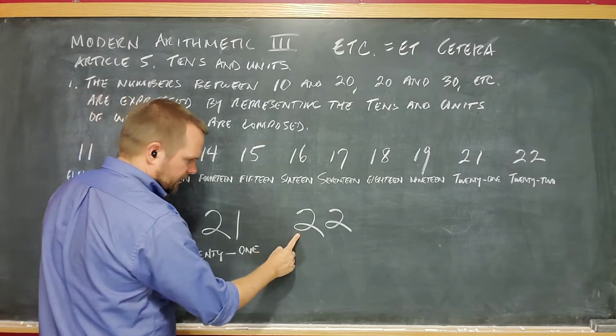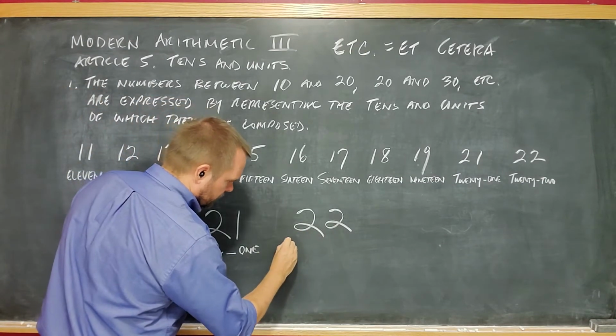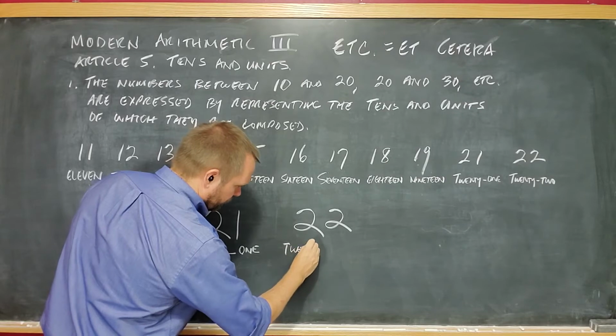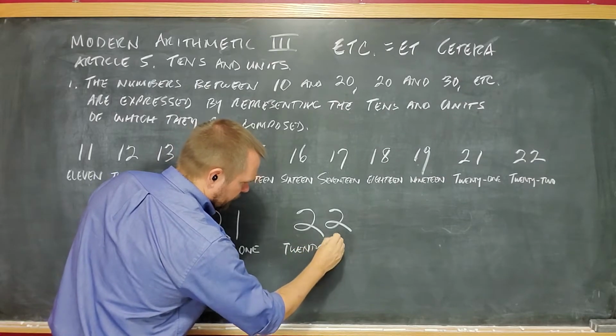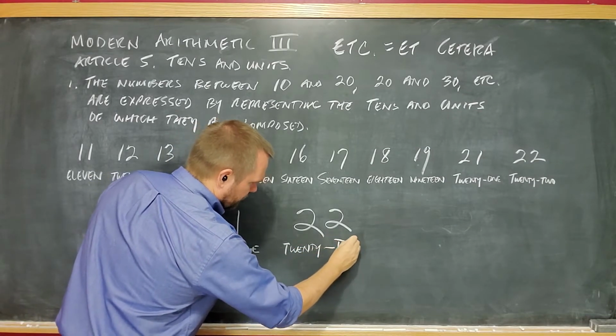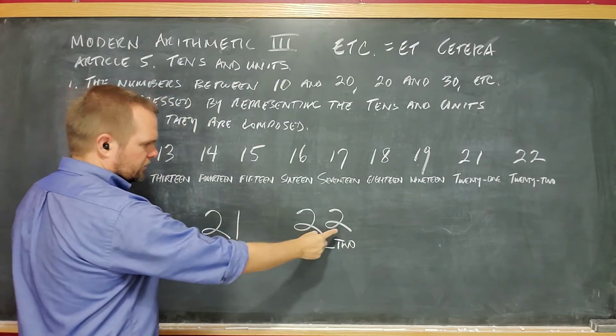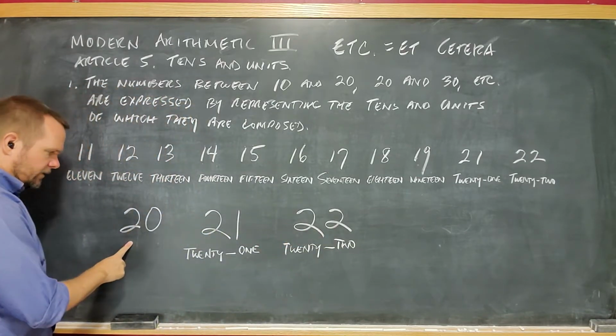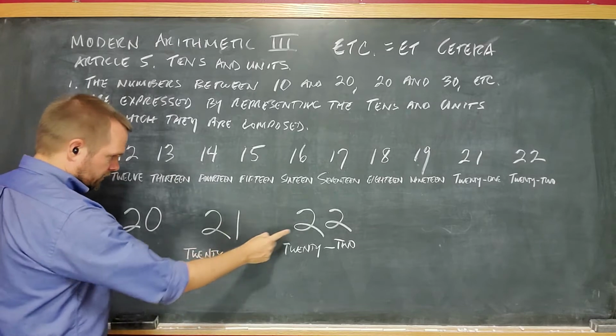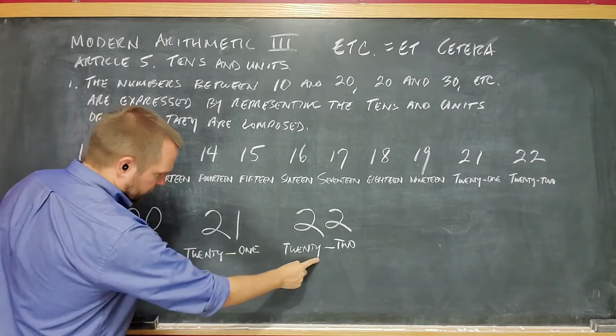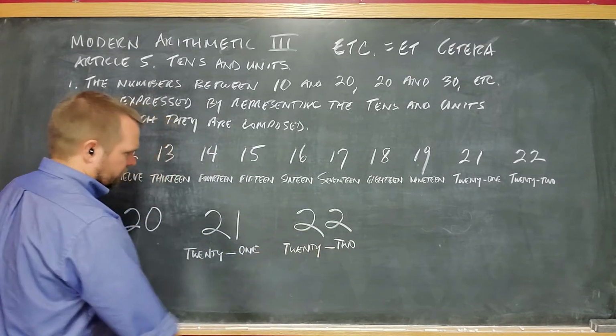So we have 2 tens and 2 units. 2 tens makes 20 and 2 units makes 2. 22. 20, 21, 22. We write 20 dash 2.